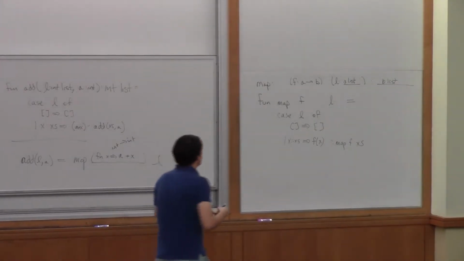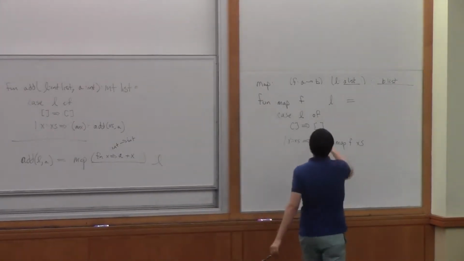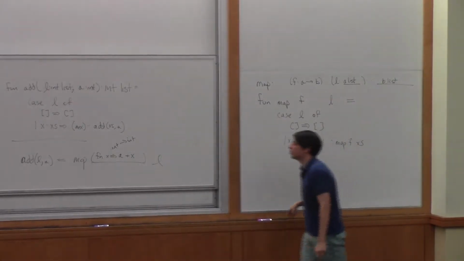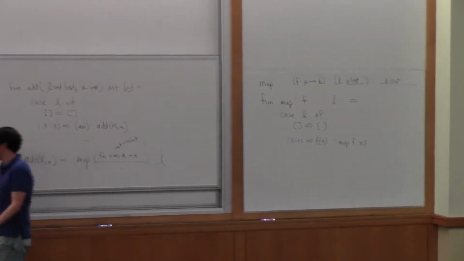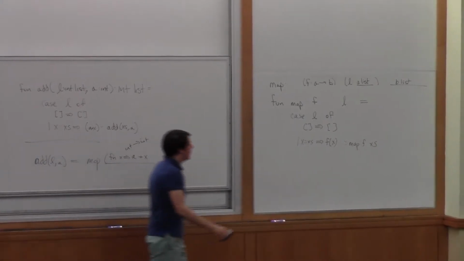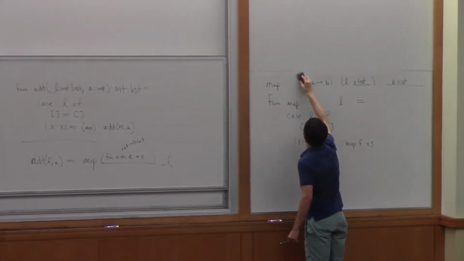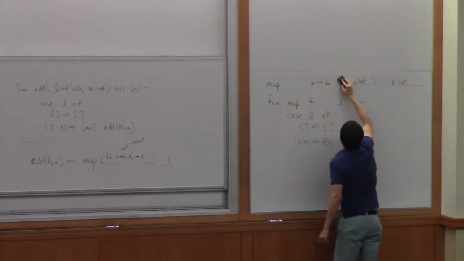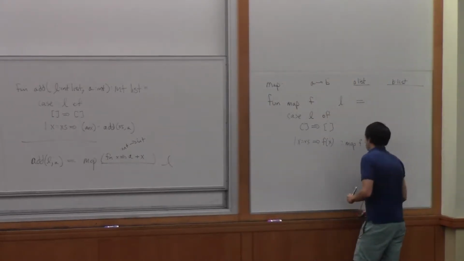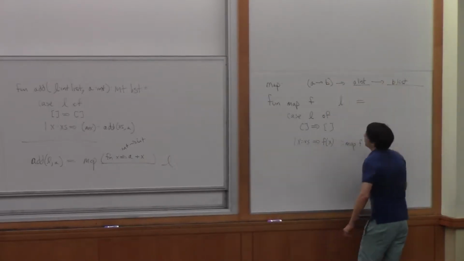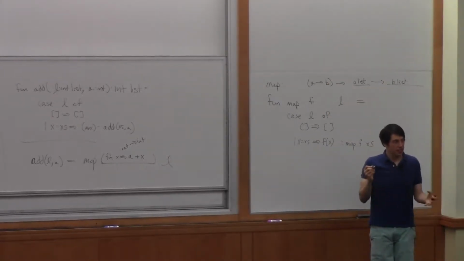And so what we want to do is capture that as something like this, which says the polymorphic type of map there. So the idea of polymorphism is that this type, which we can write a little bit more formally as, if you give it an A arrow B, and then an A list, it gives you back a B list.